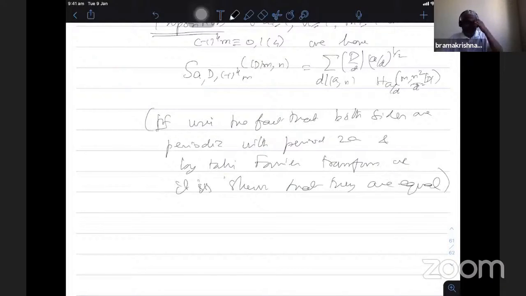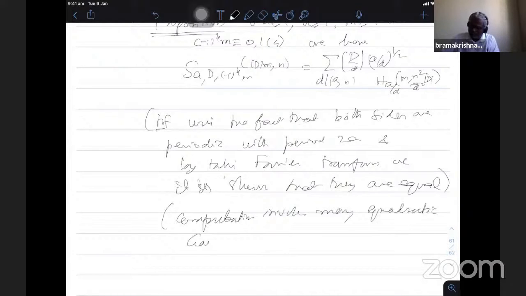Okay, again this is a long calculation, mostly involving the quadratic Gauss sum. So this computation involves many quadratic Gauss sums. So one can easily do those things.